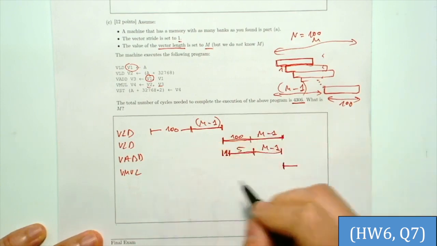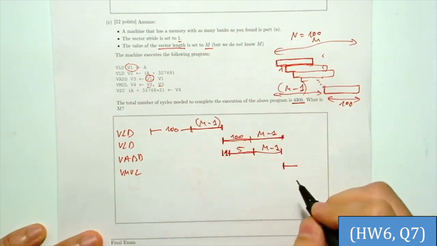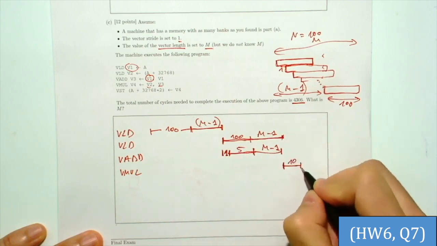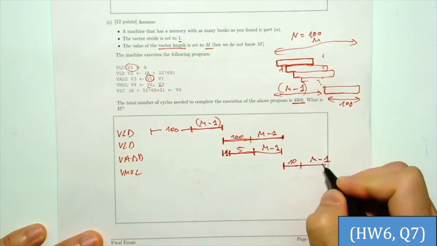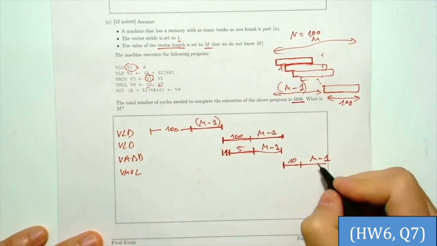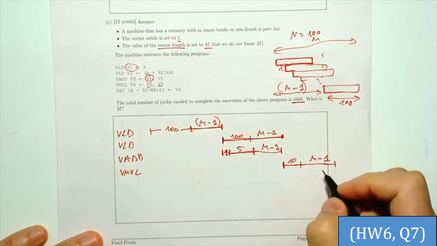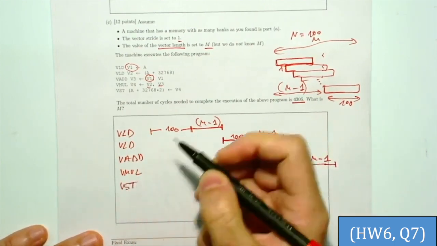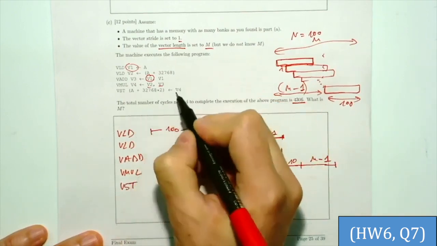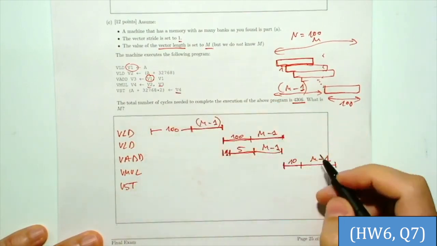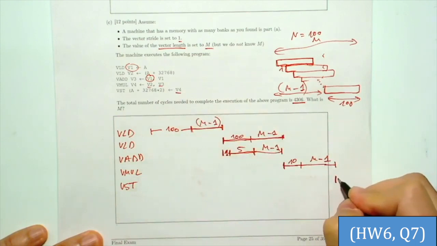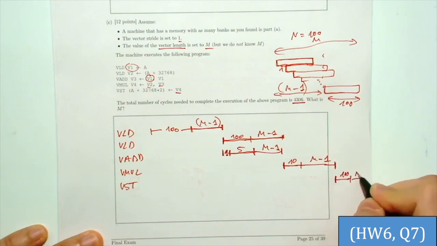That is, the multiplication is 10 cycles plus n minus 1. And the last is the store that depends on B4, so we can start after the multiplication. And the store is 100 cycles plus n minus 1.